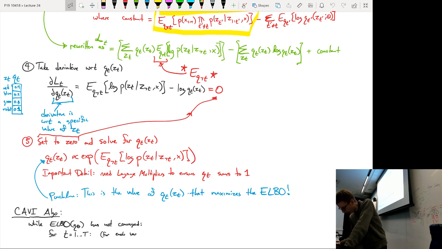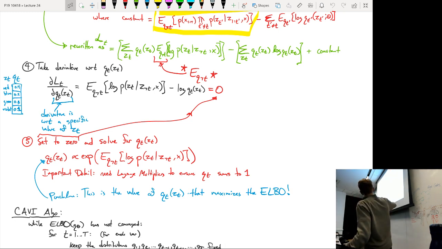We're going to keep the distributions Q1, Q2, up to Qt minus 1, and then Qt plus 1 up to QT fixed.